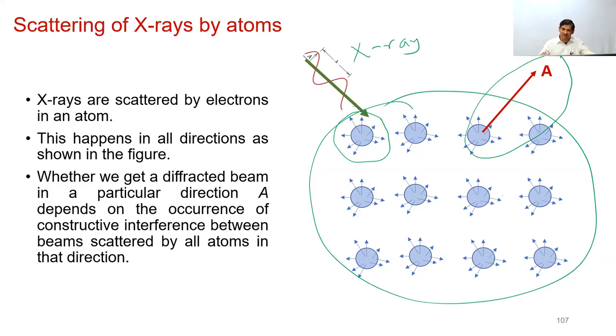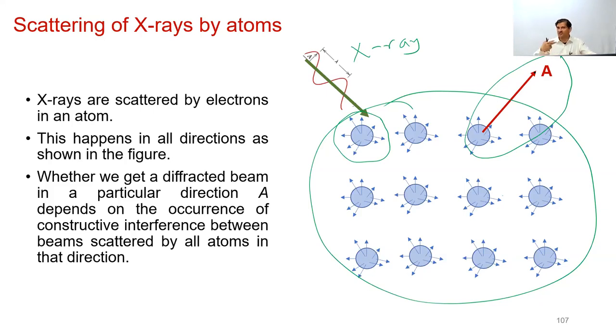So if we do see a diffracted beam from a material in a particular direction A, that would depend on having constructive interference between the X-ray beam scattered by all atoms in the material in that direction A. So that is the basis of X-ray diffraction. It's constructive interference between scattered X-rays by all atoms in the material.